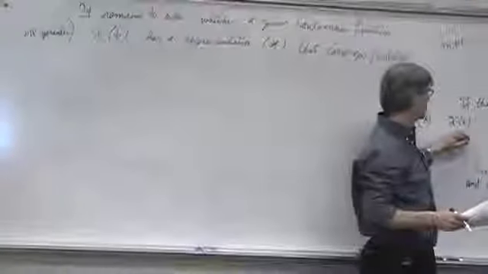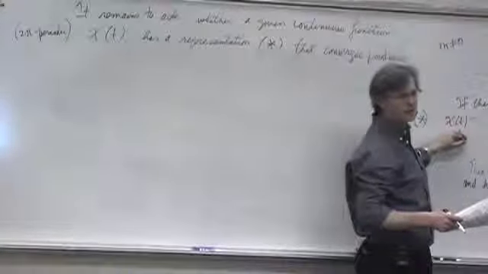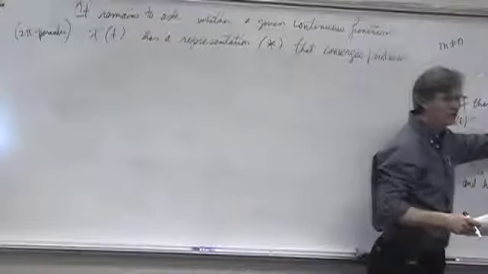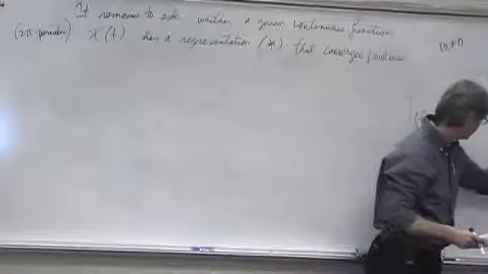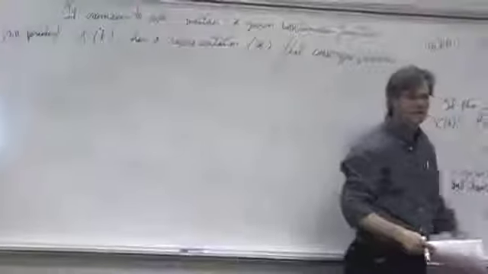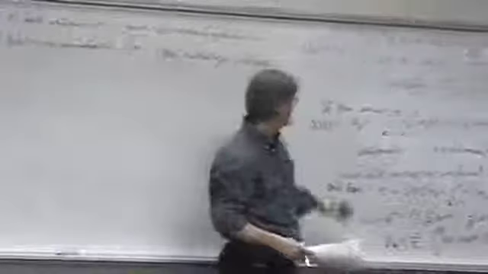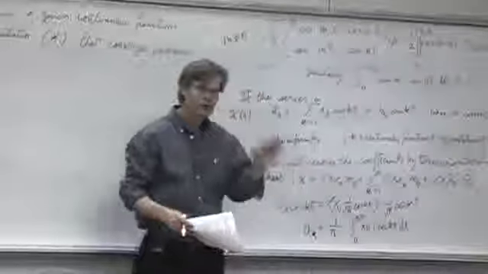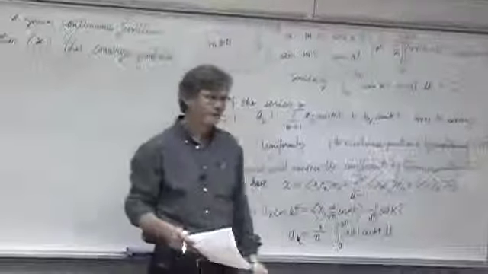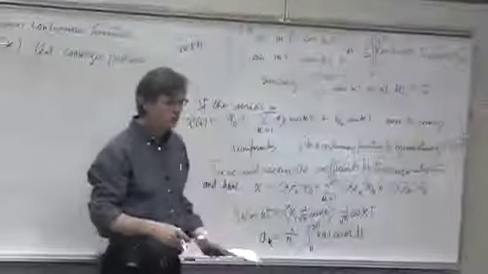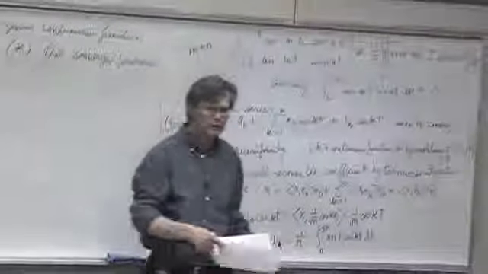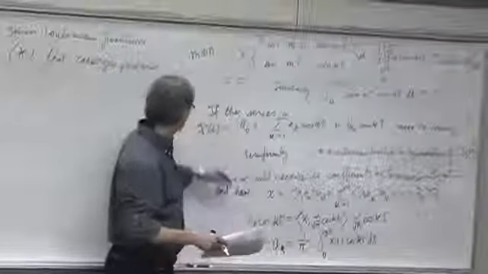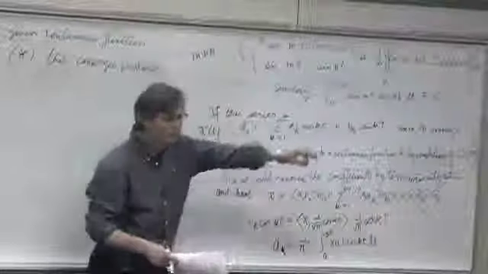What we're going to be able to show by Hilbert space theory is that if I start with an x of t in L2, and I generate this series by writing out this Fourier series, then as long as the orthonormal sequence is total, which means that there is no function in L2 which is orthogonal to each one of these given ones, that's going to be one of our criteria, then you'll have convergence in L2.